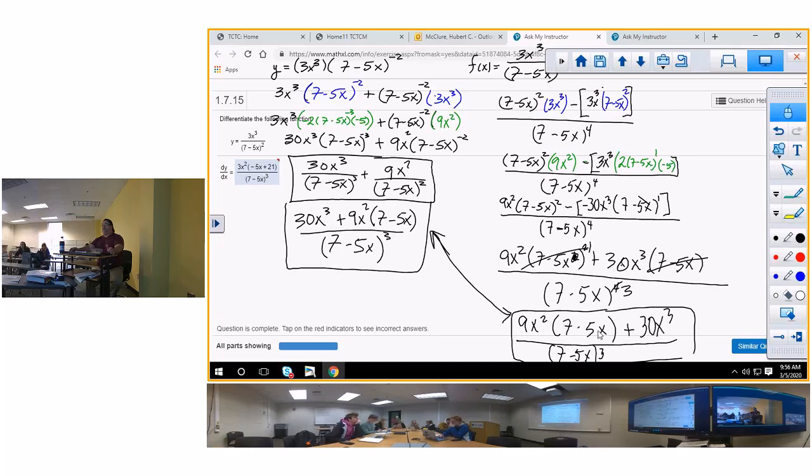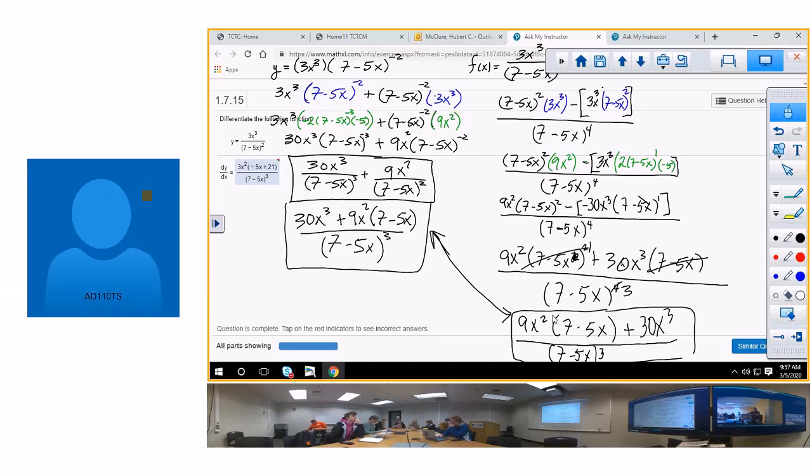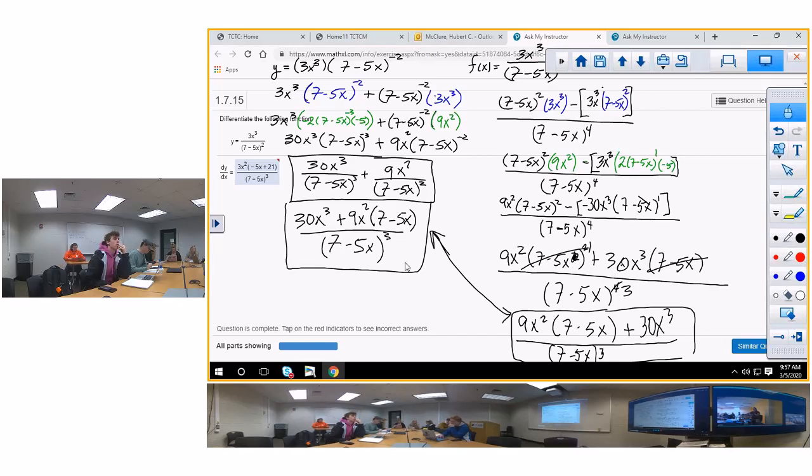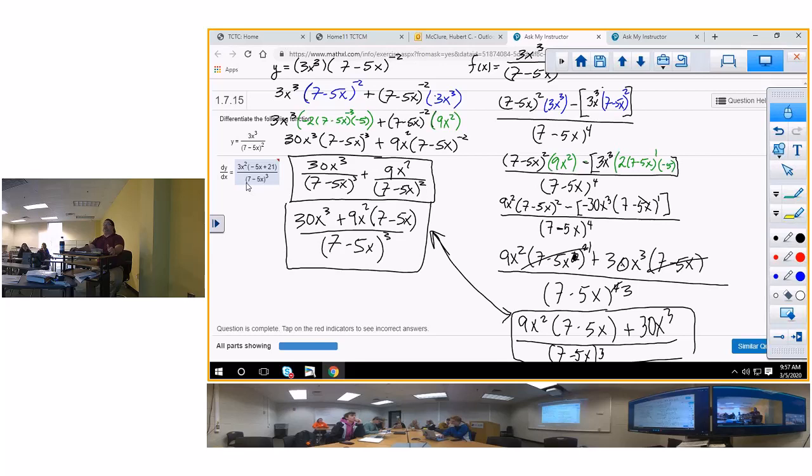There's negative 5. They distributed over 7. There's (7 minus 5x) to the 3rd. So they distributed the 9x squared. They distributed and combined like terms, it looks like, and then factored out something. So you can play with that. The main thing is the denominator is the same, and that means that they just simplified the top.